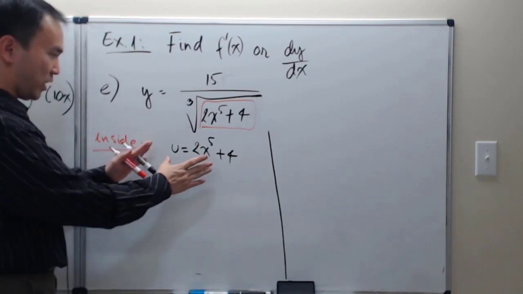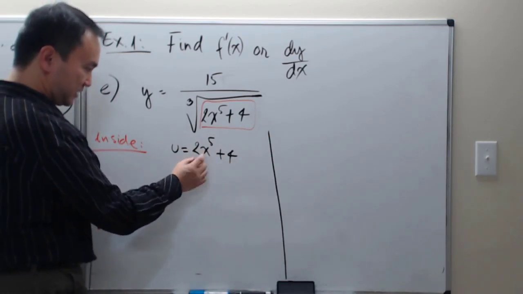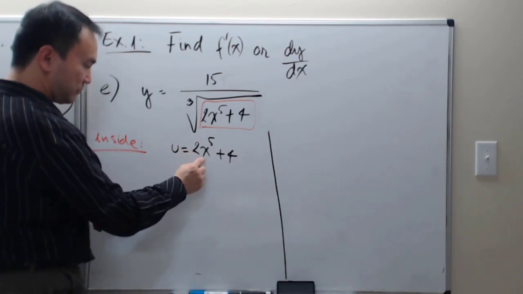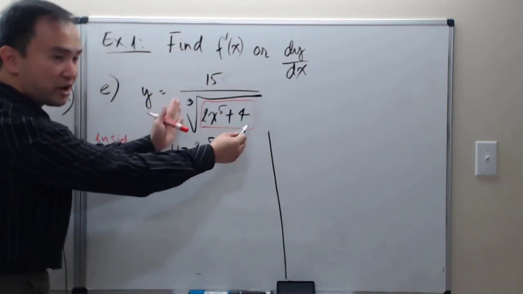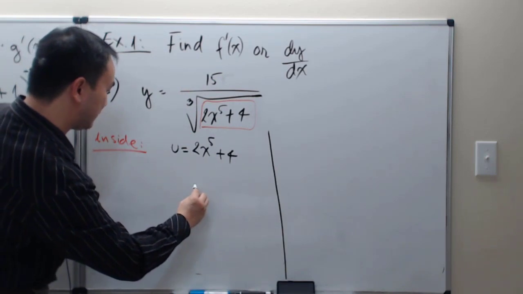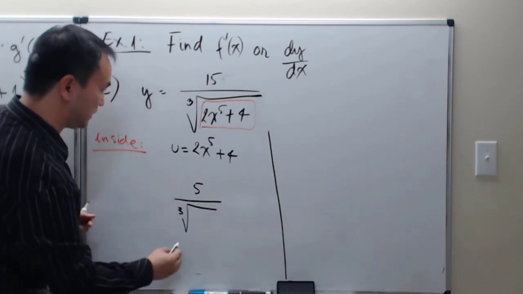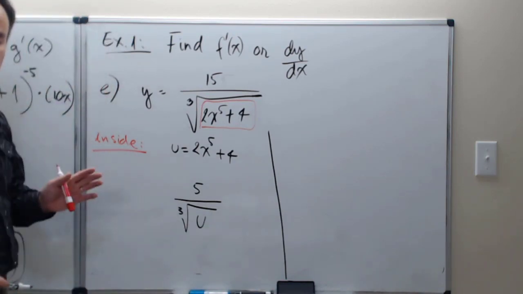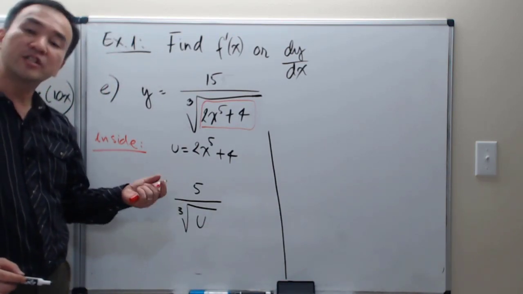And so once we have decided to substitute 2 times x to the fifth plus 4 to be the u variable, then our entire expression now becomes 15 over cube root of, see, now it's just cube root of u. See how the expression has become significantly simpler.